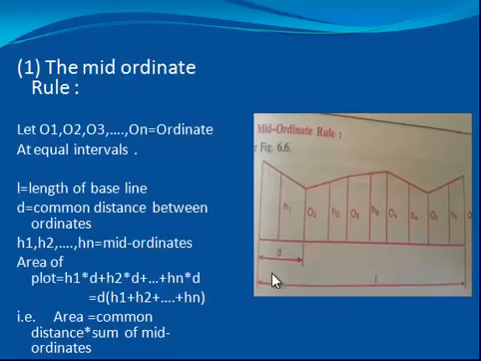Let D be the regular interval between O1 and O2, O2 and O3, O3 and O4, and O4 and O5. The total area can be calculated by the formula D times the bracket H1 plus H2 plus up to Hn, where H1 is the mid-ordinate between O1 and O2, H2 is the mid-ordinate between O2 and O3, and so on.